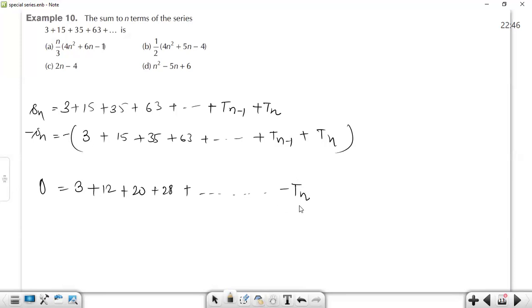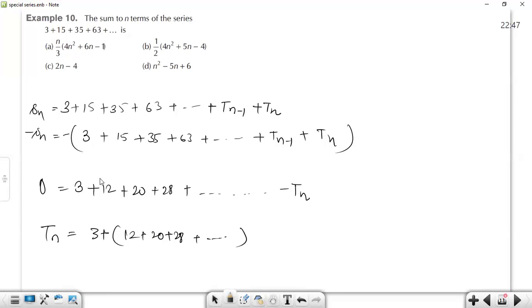So let's bring the negative part to the left hand side and make it positive: 3 plus 12 plus 20 plus 28.